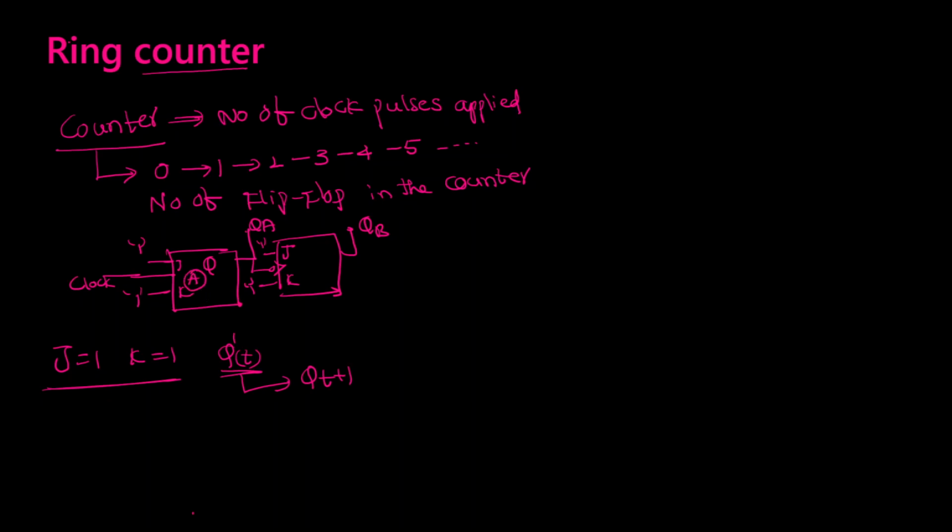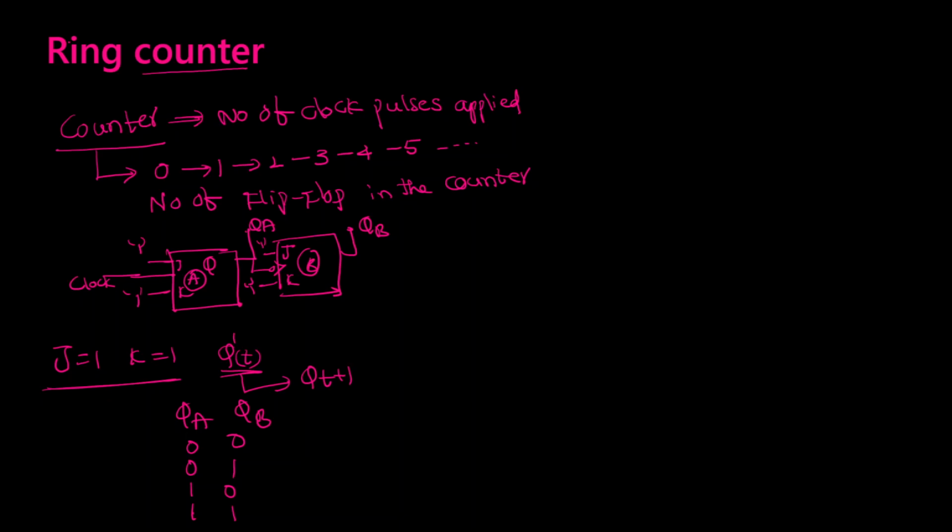Let us say this is flip-flop A, and this is flip-flop B. Now how exactly are QA, QB going to change? QA, QB: initially it will be 0, 0, then 0, 1, then 1, 0, then 1, 1.